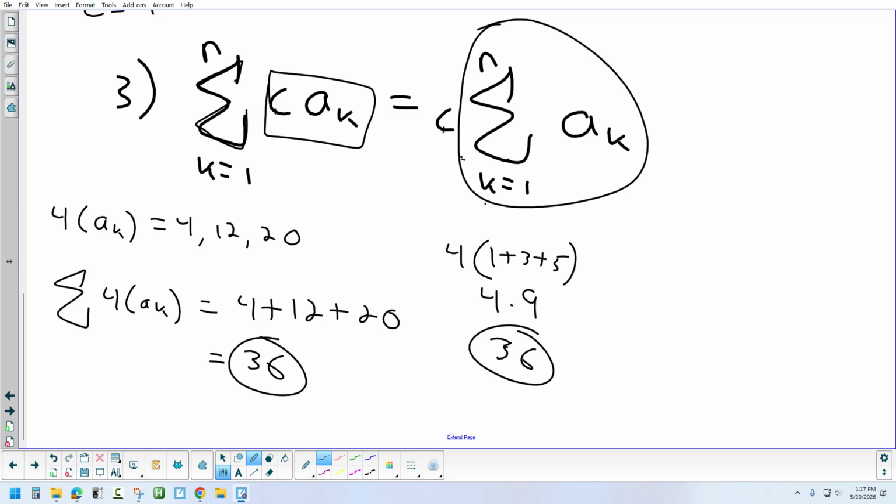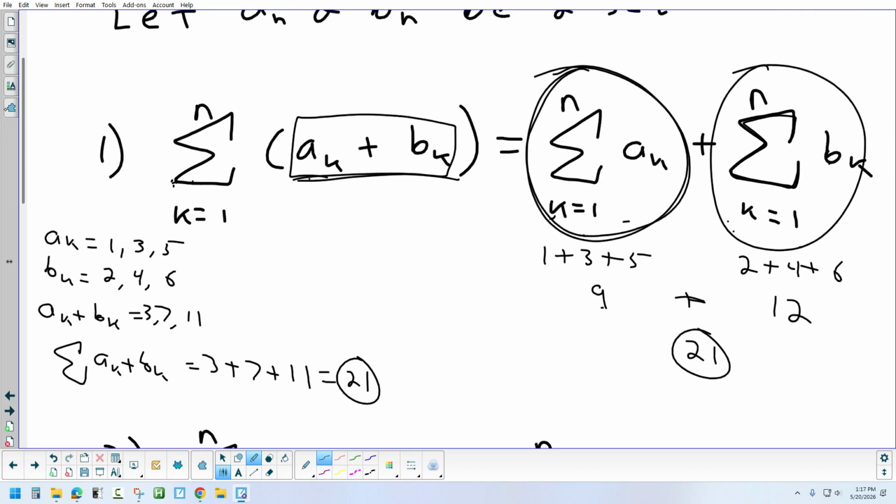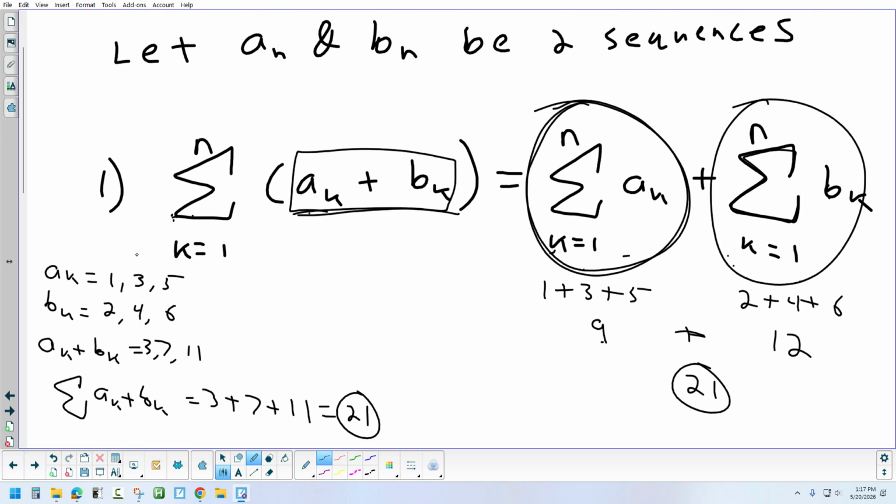For all these, do we have to start at the same place, K equals 1? Yes, I should mention that. Whenever you're working with these formulas, they have to start at the same place and stop at the same place. If I gave you a K equals 2 to N and a 1 to N and I wanted you to merge them together, you can't do it if the bottoms are different.